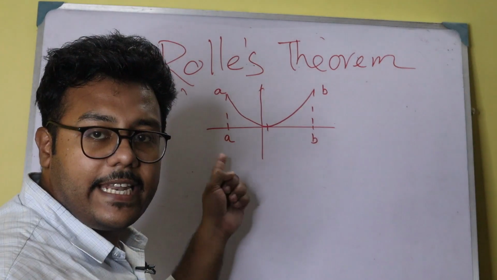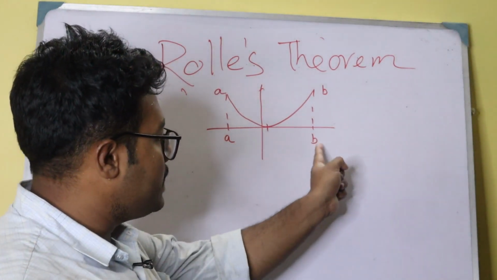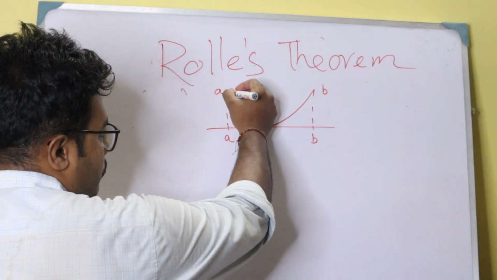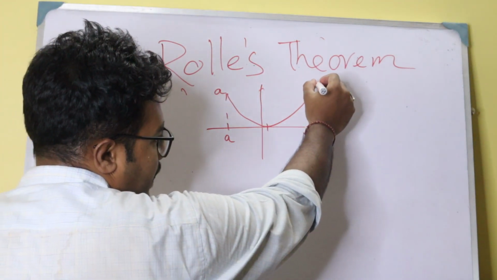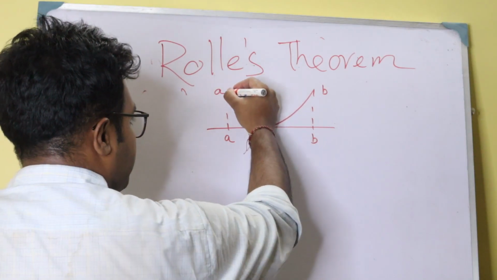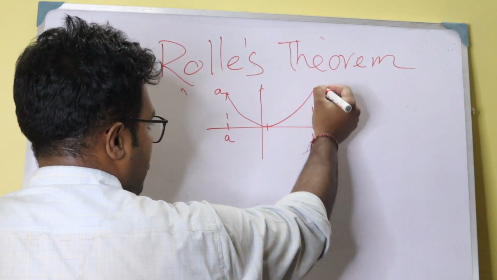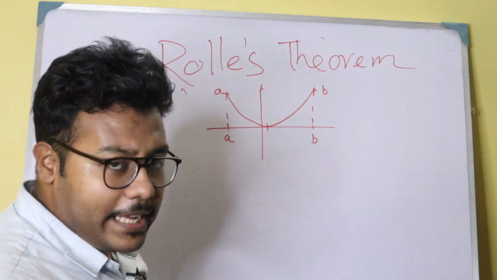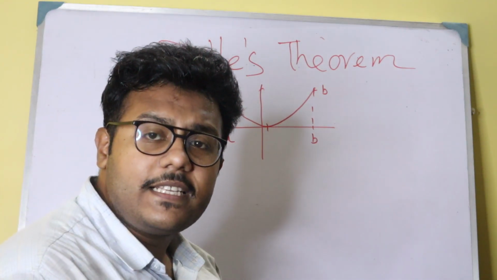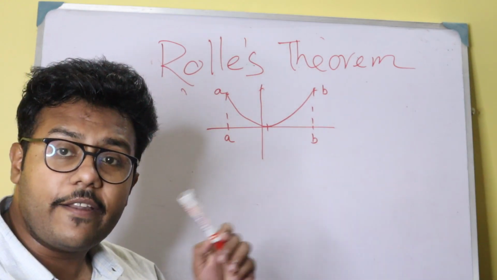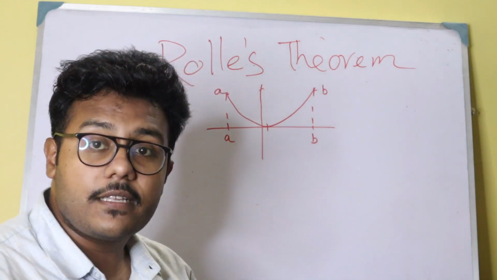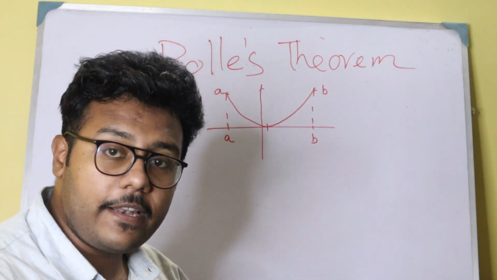Here a is on the negative side and b is on the positive side of the x axis. As you can see, this function is continuous within this closed interval [a, b]. Now from this graph we can conclude that this function is also differentiable within this open interval (a, b).